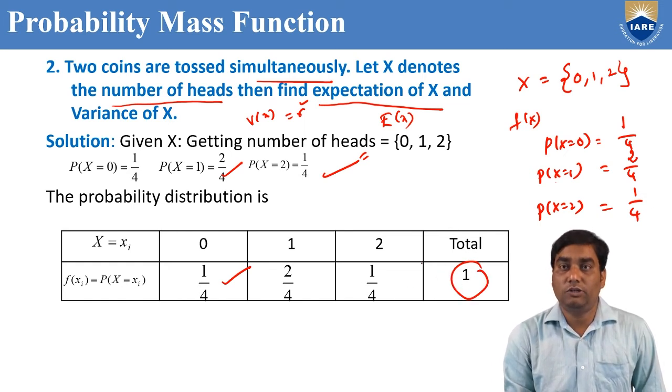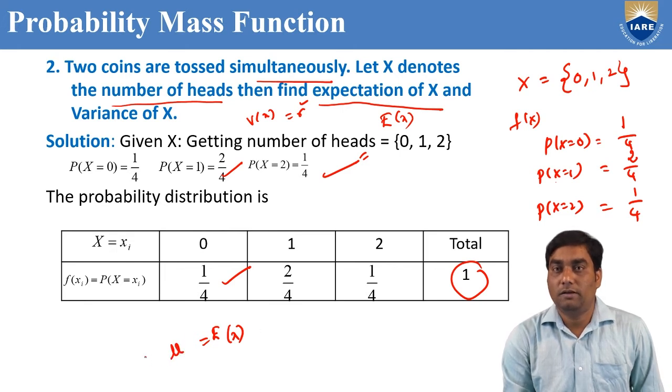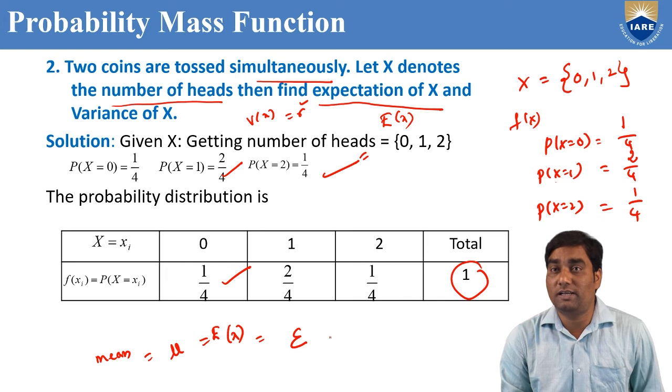After this you can find the expectation of X. Expectation of X is nothing but mu, nothing but the mean. The mean symbol mu is also known as expectation of X. The formula of expectation of X in a probability mass function is sigma X into f of X. Sigma from where to where? From 0 to 2, because X is defined from 0 to 2 for this problem.